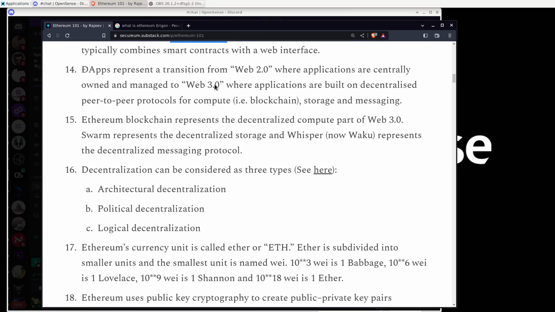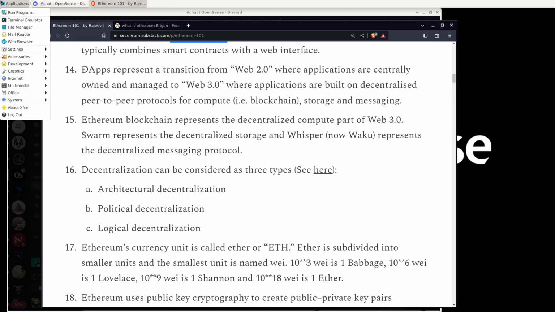DApps represent a transition from Web 2.0, where applications are centrally owned and managed, to Web 3.0, where applications are built on top of decentralized peer-to-peer protocols for computing. So if anyone is watching this and doesn't really understand the difference between Web 2 and Web 3, basically Web 3 is everything running over a blockchain.